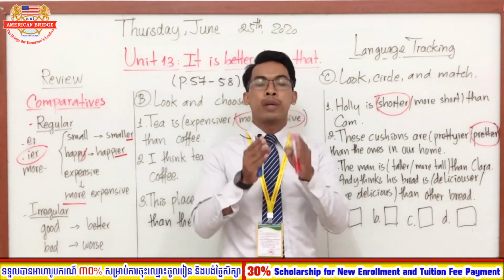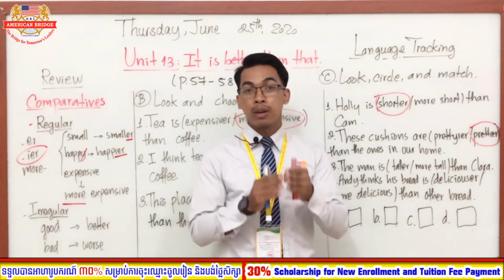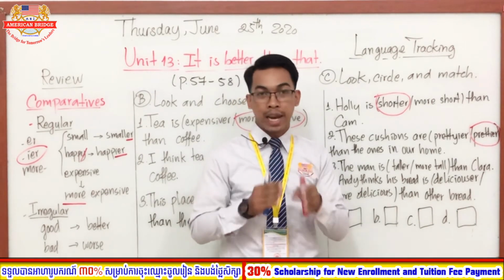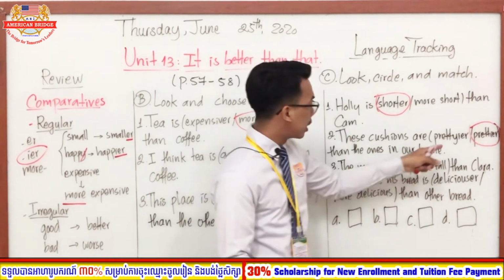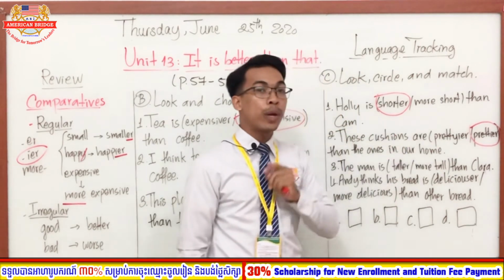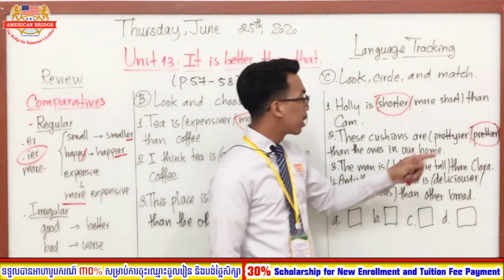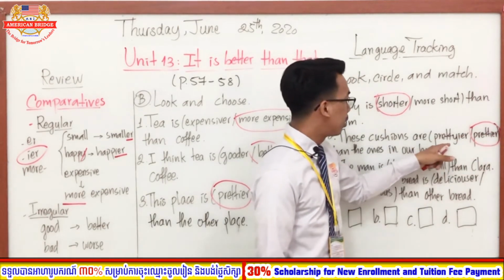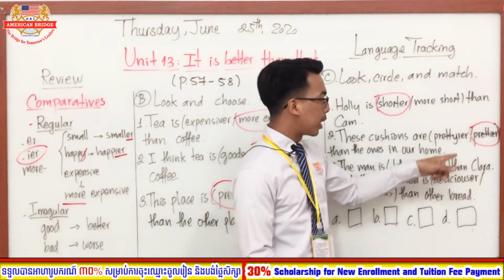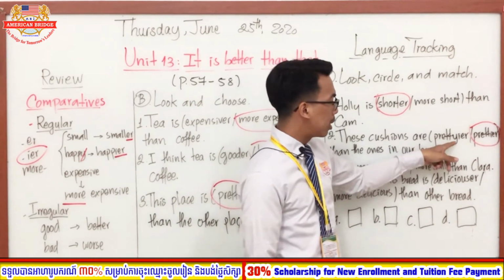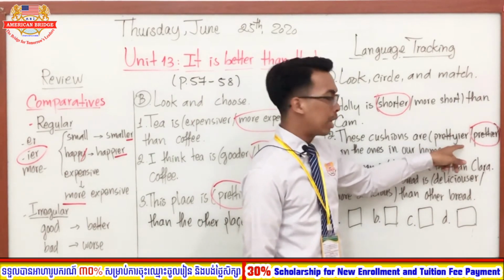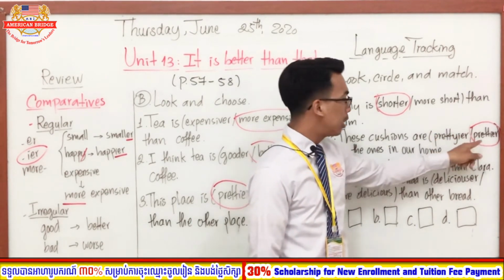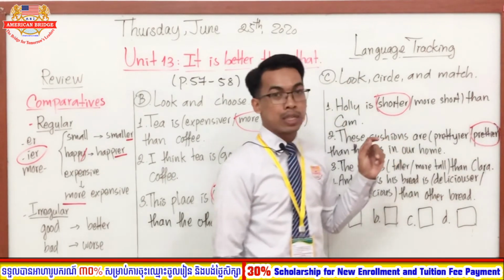Because the word pretty has 2 syllables and it ends in letter Y. You see everyone? So we have to change Y to I and then we add er, not like this, everyone. So this is the wrong answer, pretty-er. So the second one is the correct answer, everyone.